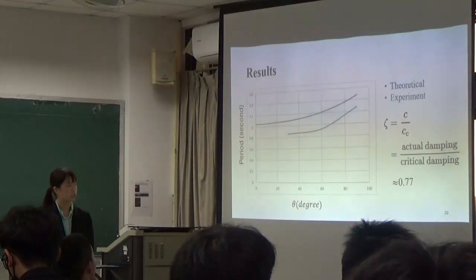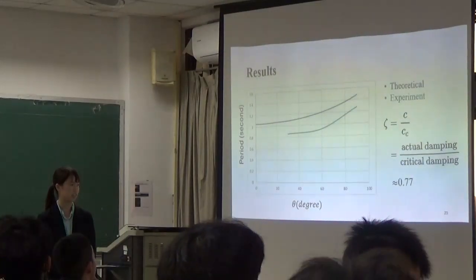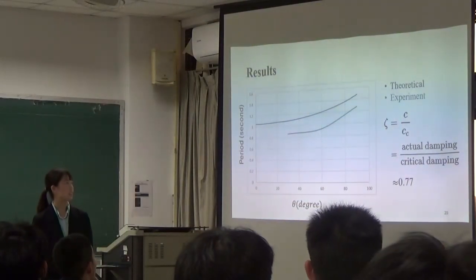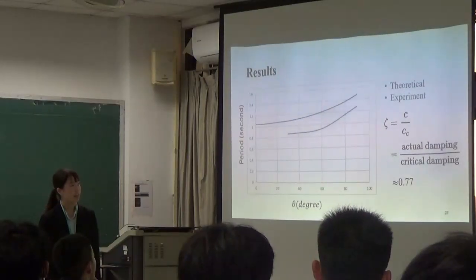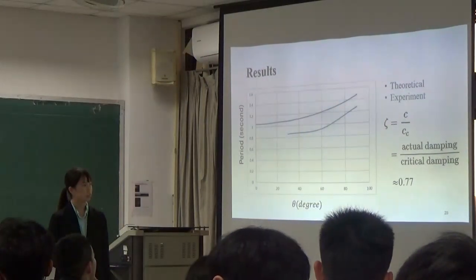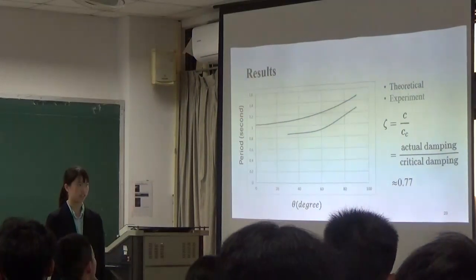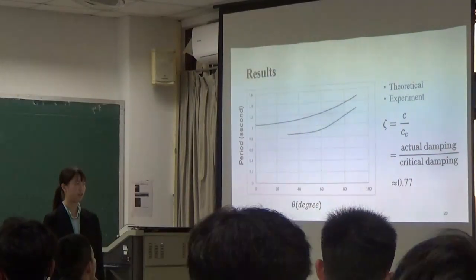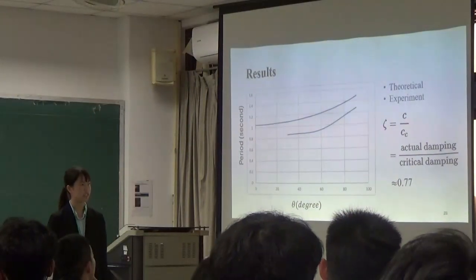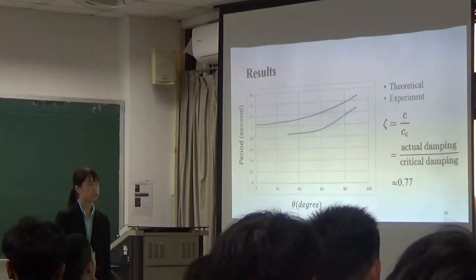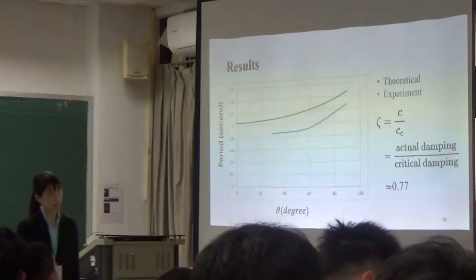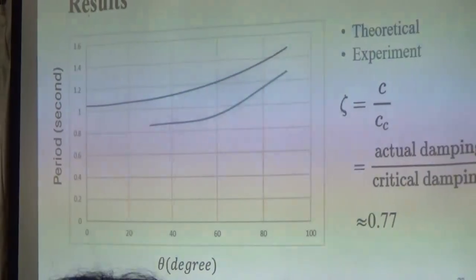And this is the result. The x-axis is the angle, and the y-axis is the period. The upper line is the theoretical data, and the lower one is the experiment data. The damping ratio zeta is defined by actual damping divided by critical damping.